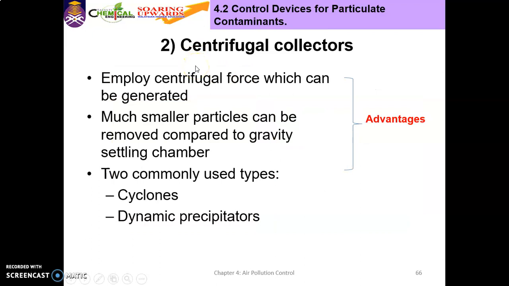Okay, and then number 2, the centrifugal collector. Compared to just now, it uses centrifugal force, which must be generated.